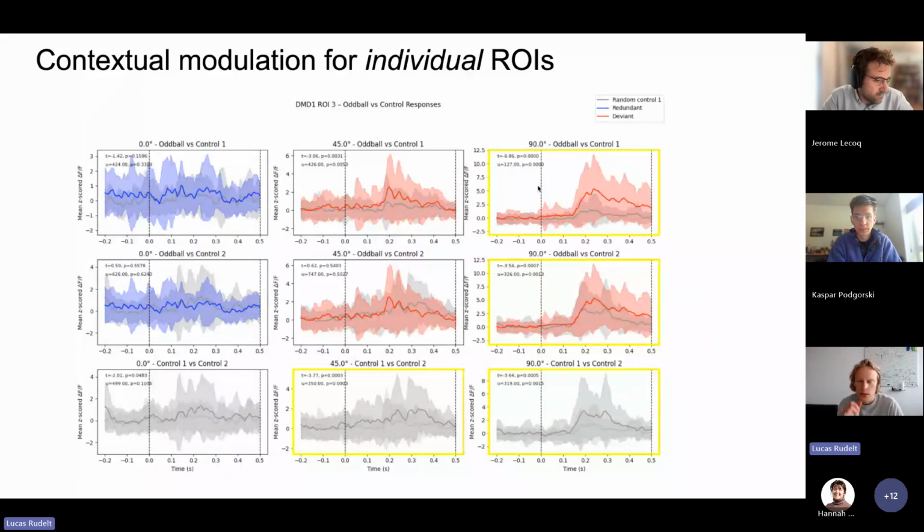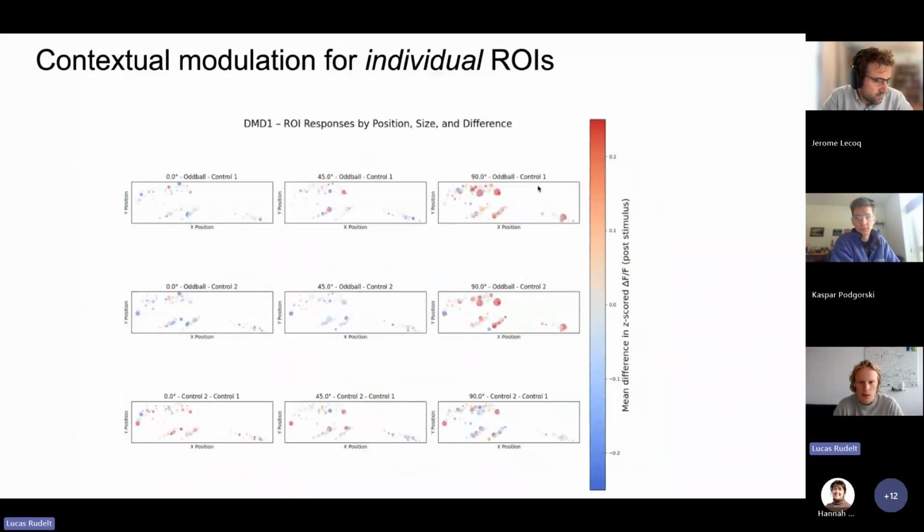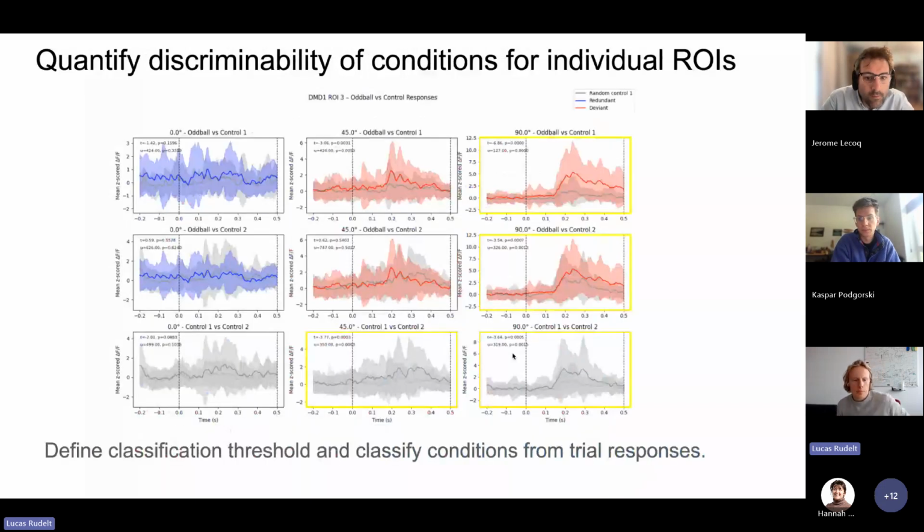So the question is, how many trials do we need? Okay, sorry, this is just a spatial map plotting these mean differences. Looking at individual ROIs might be interesting because we can link this to the spatial information and see if there's something going on there, just as a teaser for this analysis. But how can we quantify how discriminable the conditions are for individual ROIs depending on the trial number?